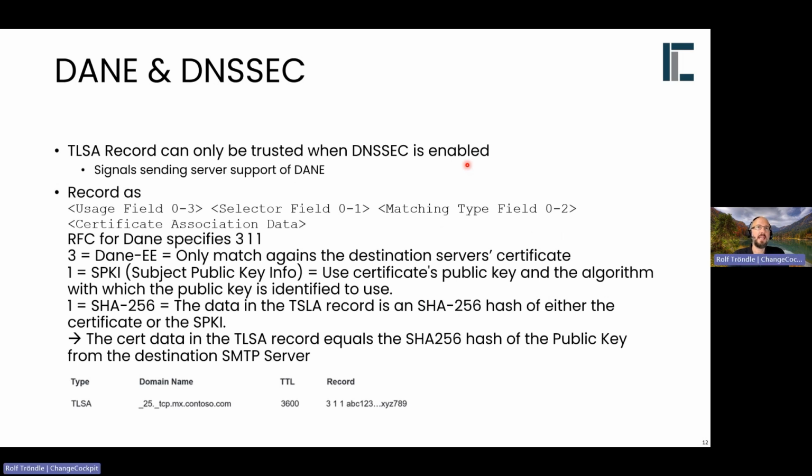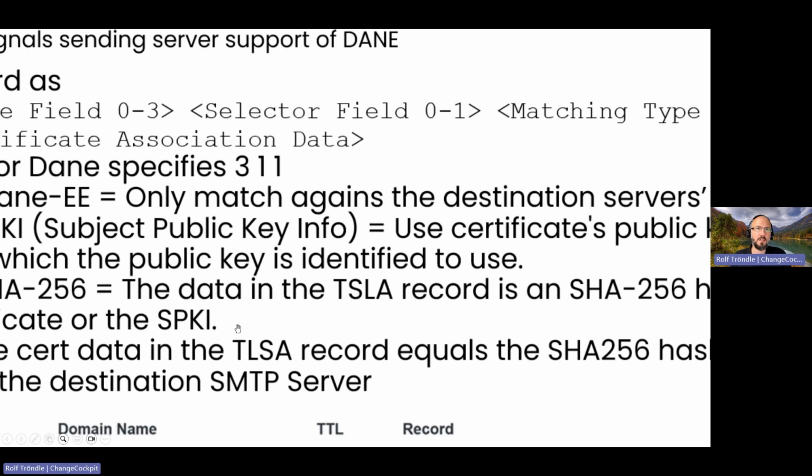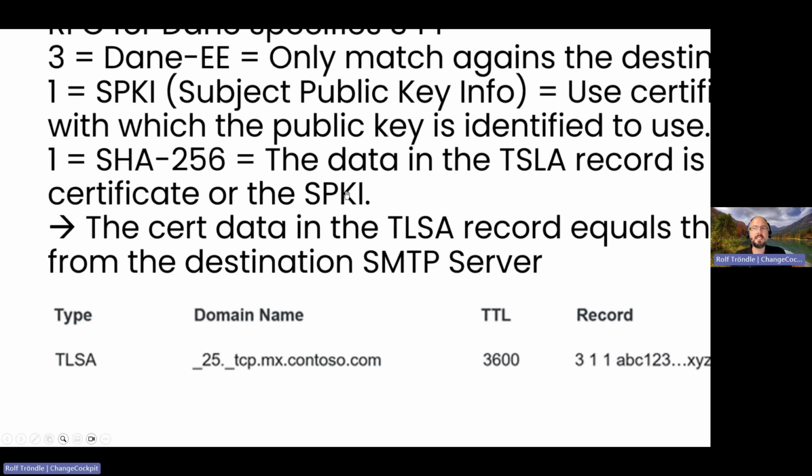Then we have TLSA. I mentioned the TLSA record. What's the TLSA record? Here we have an example of such a record. A TLSA record signals the sending server, the sending system, that you enabled DANE.